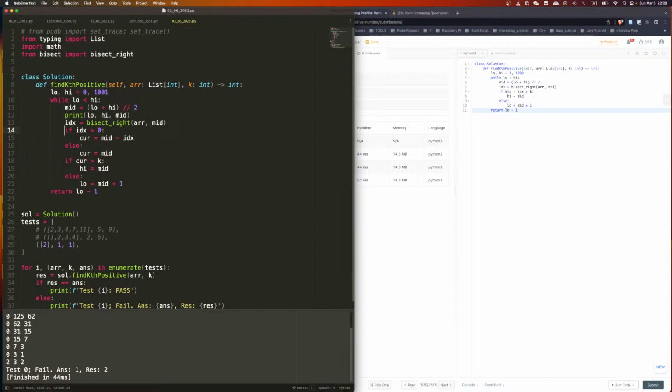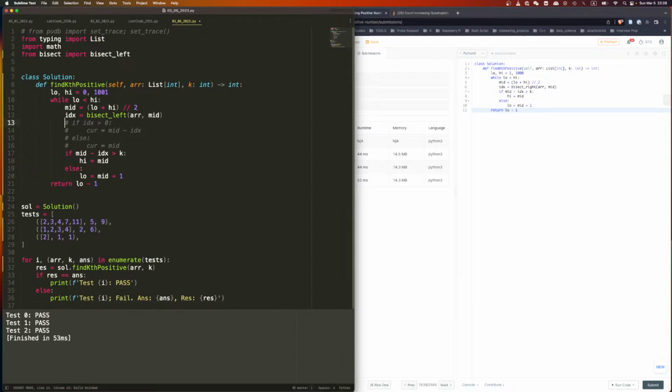Okay, what this would be, right? So how about we go bisect left, and we don't do all of this. We still do mid minus index. Okay, how about the other two?